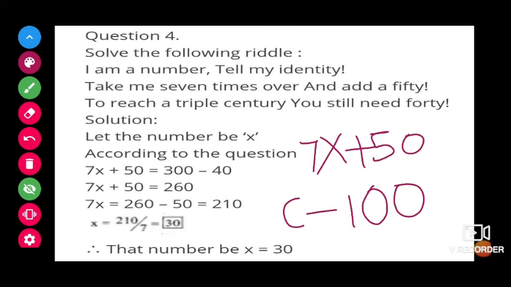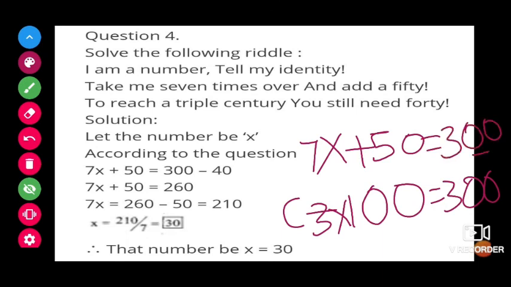So triple century means 3 centuries, that is 3 into 100. We will get 300. But they are saying, to reach a triple century, still you need 40. Means for the triple century, 40 is less. So 300 minus 40.